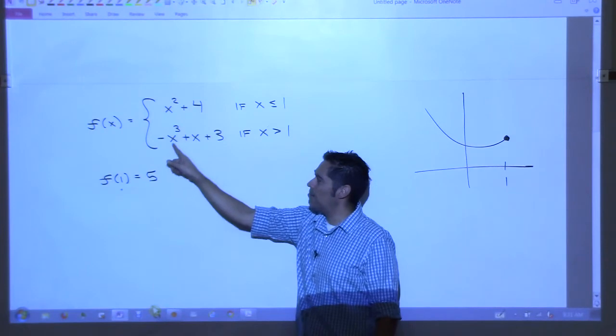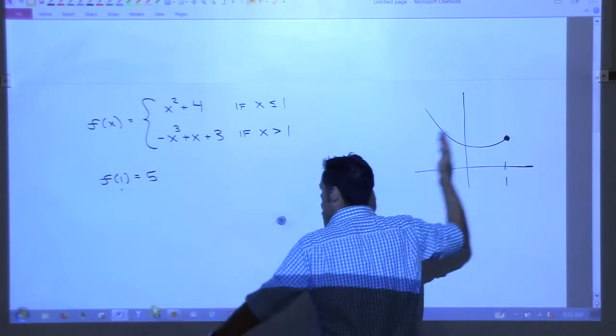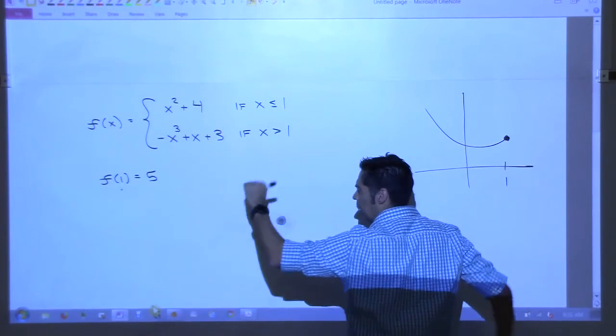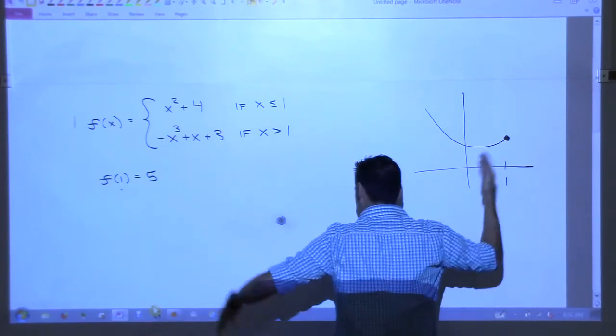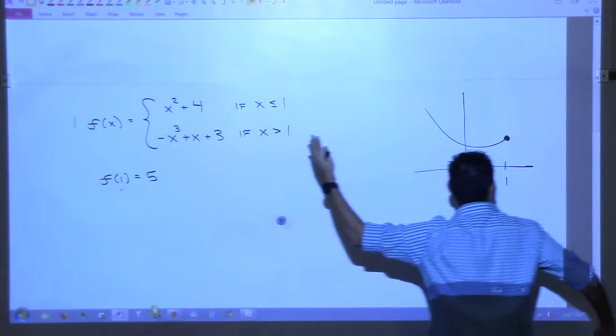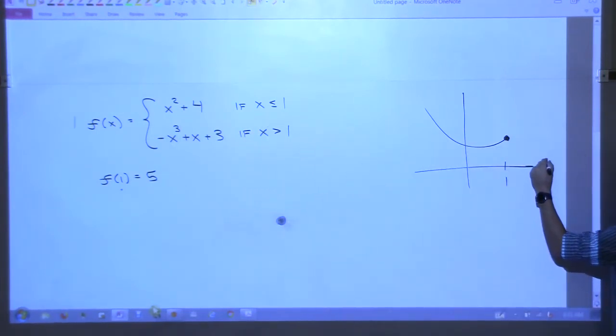It's cubic, right? Cubics do this or this, right? And because it's a negative in front, it's going to do which one? This one right here. Okay, so it's going to do this. So I do know that this side goes down. And I don't know what happens here. It comes in here. It might squiggle a little bit. But here's the thing.